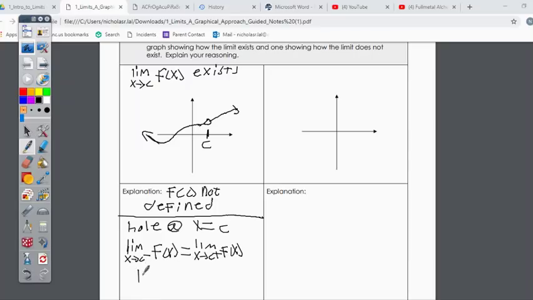Therefore, the limit as x approaches C of f of x exists.